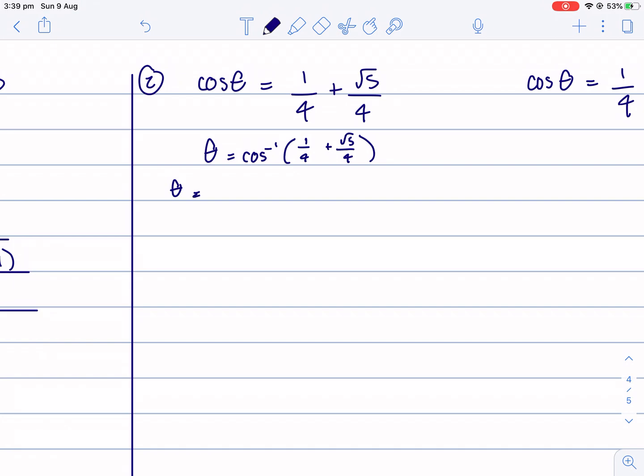When I do that in my calculator, okay, I'm going to show you how I did this on my calculator, and then you're going to see how we got a good answer.